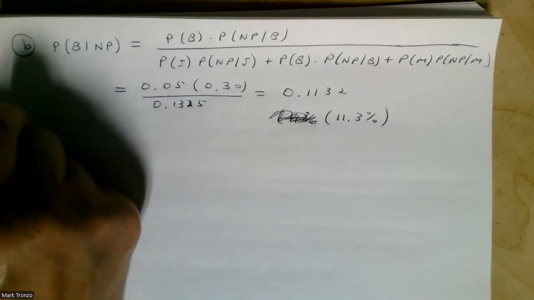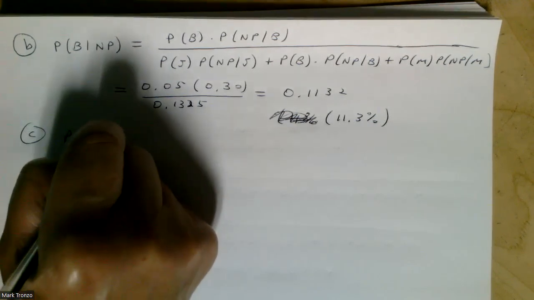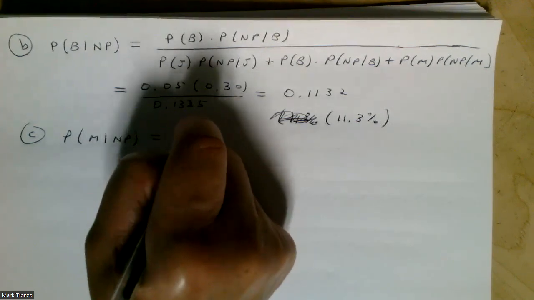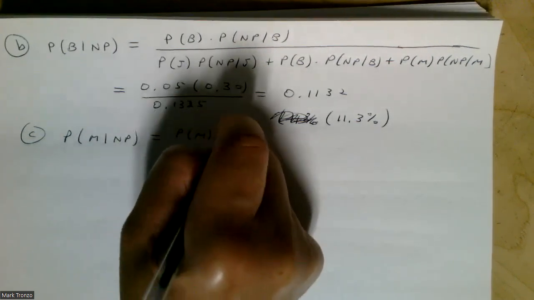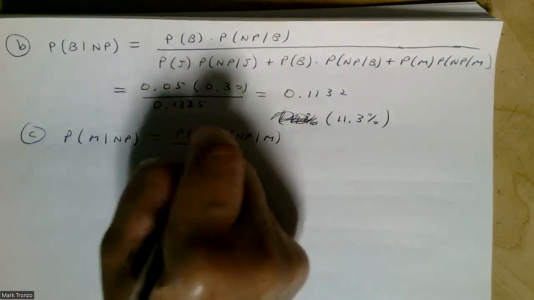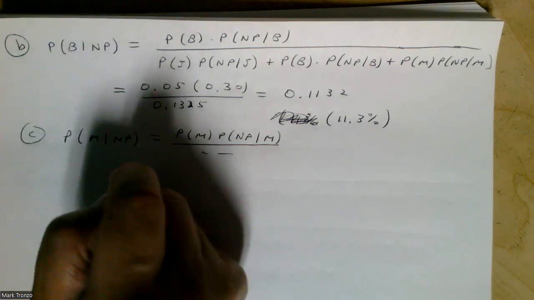Finally, for part C, probability it came from Martin's farm, given it was not pasteurized. And remember, the denominator is the same.